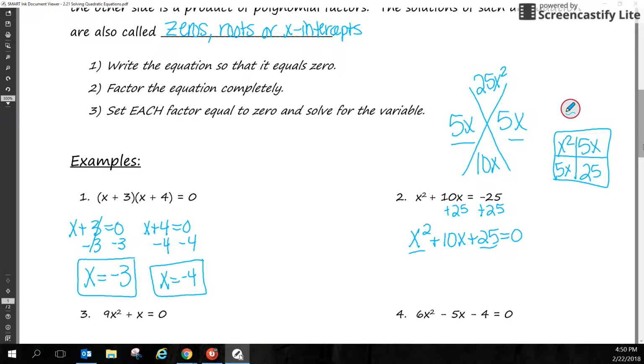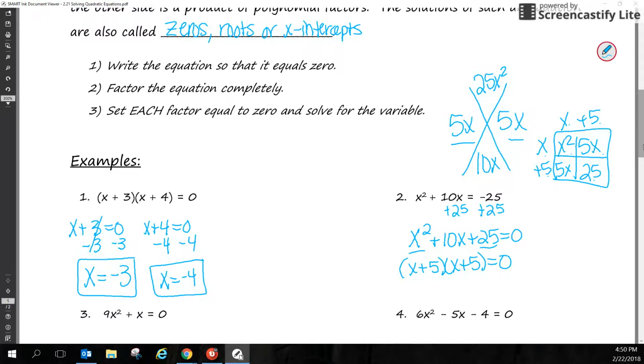So the GCF of the first row, between x squared and 5x, they have x in common. x times x gives me x squared. x times 5 would give me 5x. x times another 5 would give me this 5x. And 5 times 5 is 25, so that's factored correctly. So this factors out as x plus 5 times x plus 5.